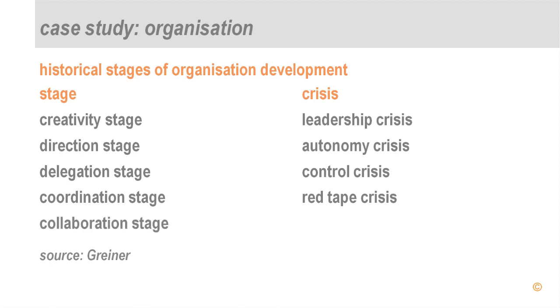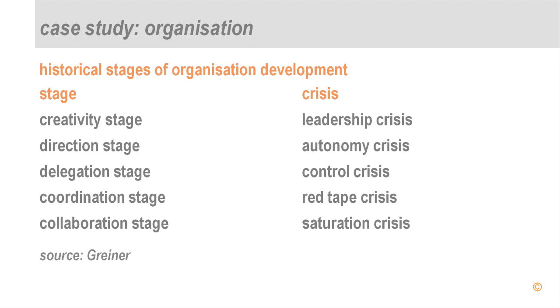Suddenly business units, functional units are formally or informally starting to work together. There are lots of meetings, lots of stakeholder activities, and that can lead to a saturation crisis. Greiner predicts that it will lead to a saturation crisis because staff is overworked. They have to do so much collaboration now before they can actually do their work.